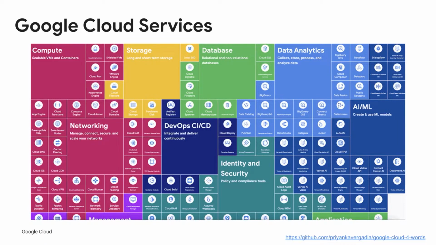While it's a really cool cheat sheet for looking across the board, you don't need to know all 200 products and services by name, their short description, and what they do. In fact, if you look a little bit deeper in that cheat sheet, you'll see that a lot of these services are grouped by function. And if you look at the top right of this diagram, you'll see compute and storage, and on the right, AI/ML.